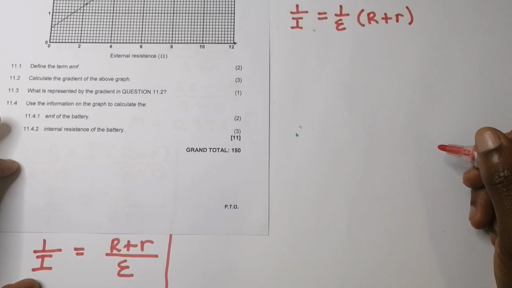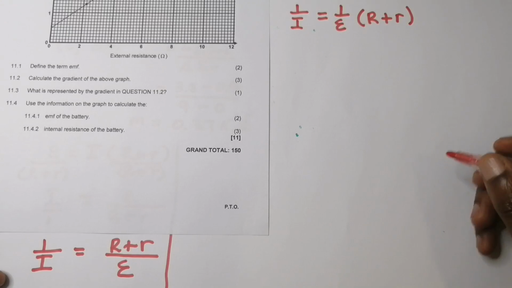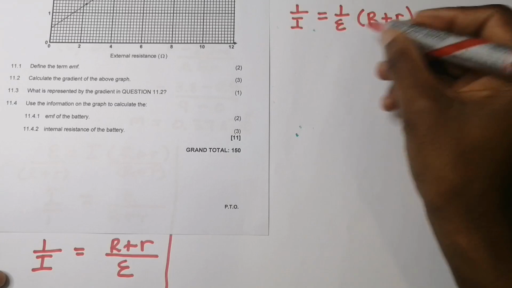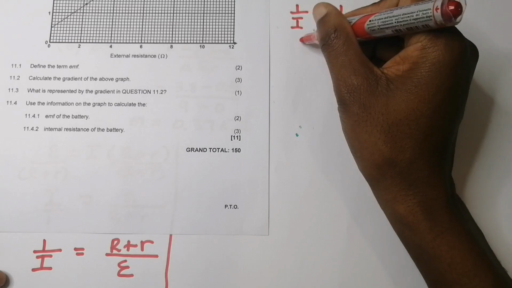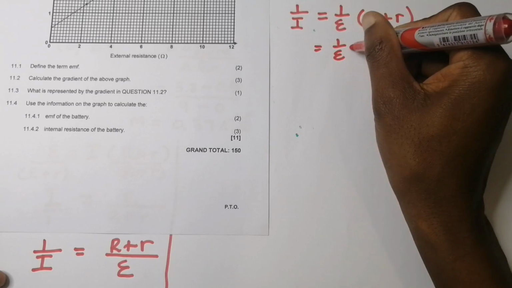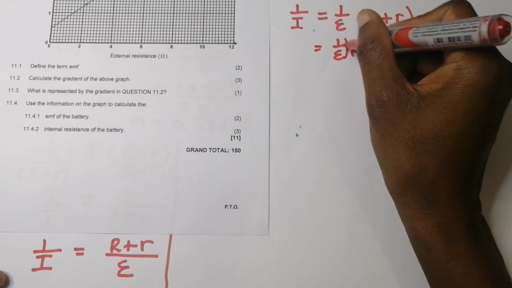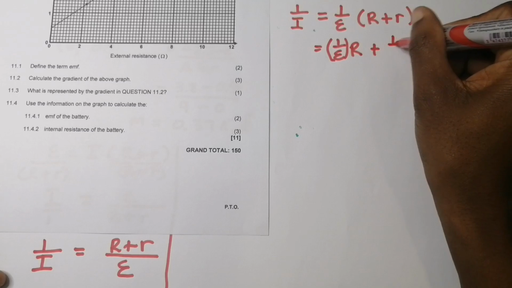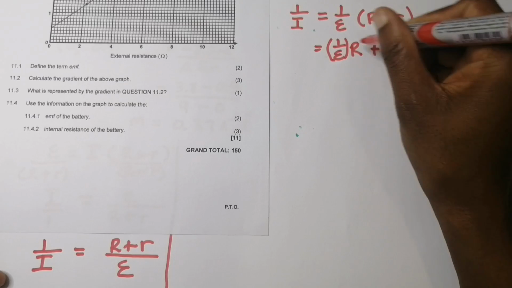Can you see that? So if you think about a normal straight line graph rather, okay, so usually you would have something like y is equal to mx plus c. All right, so you can take that as 1 over E times R, okay, so this would be your gradient, okay, plus 1 over E times small r, okay.